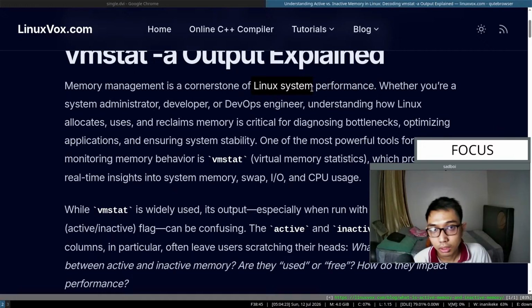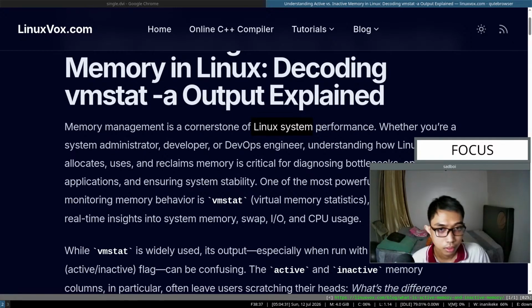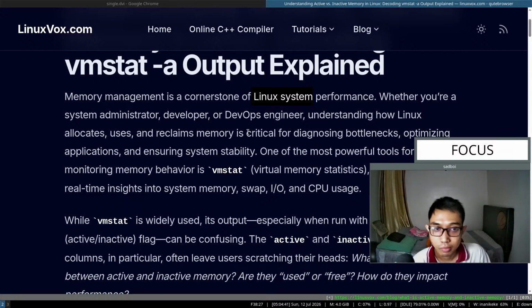Is it only in the Linux operating system, or maybe we have vmstat in other operating systems such as OpenBSD or FreeBSD? I'm not sure.